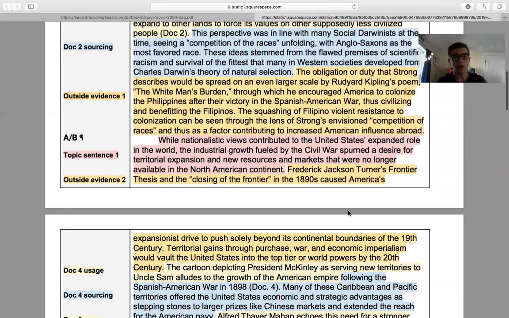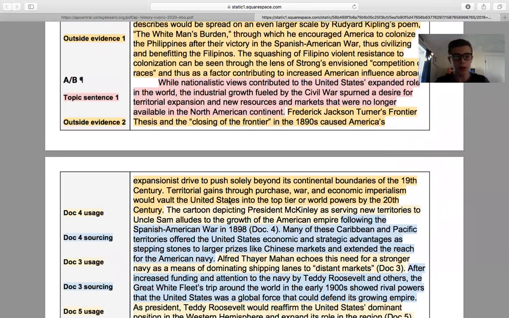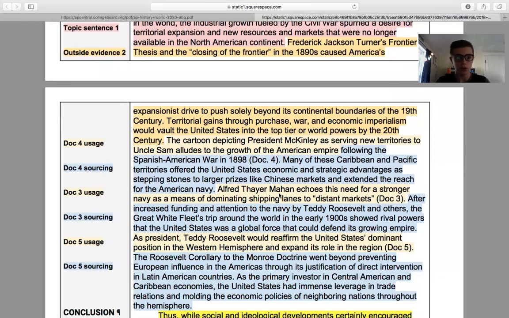And you can see he also does this with a topic sentence, and he said that yes, that did fuel it, but the person who wrote this believes that industrial growth was a lot of it. And then you see they did the same thing, and they took docs and did doc sourcing.